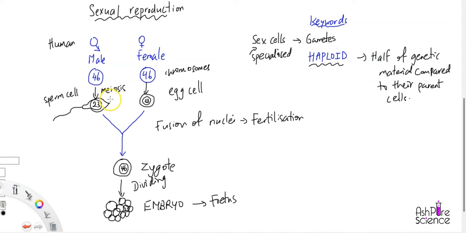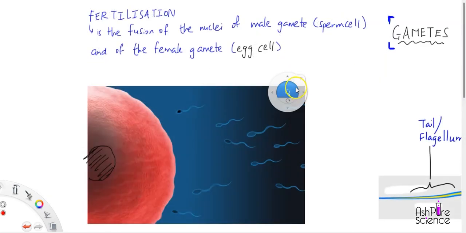Now that you know how gametes are formed, and they're basically haploid, they have only half of the amount of genetic material, afterward, during sexual reproduction, the male gamete and the female gamete will fuse together. More precisely, the nucleus of the sperm cell will fuse with the nucleus of the egg cell, and this fusion of the nuclei is called fertilization. So here's the definition of fertilization.